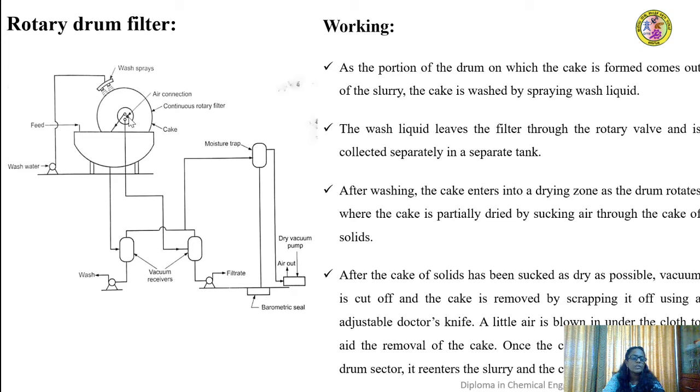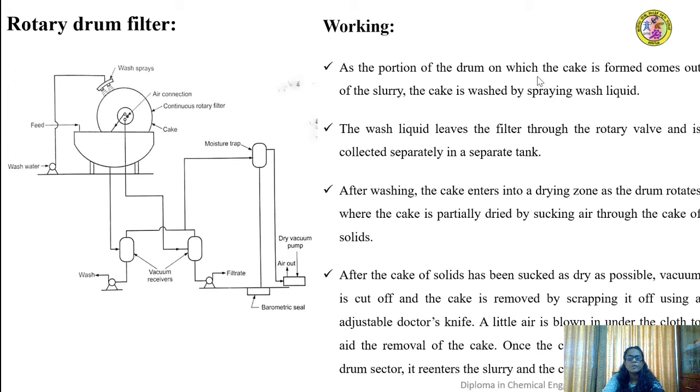Then a vacuum is applied through this specially designed valve called the rotary valve. There is a pipe connecting the compartment to the rotary valve, and through that pipe the filtrate will be sucked and taken to that valve, and from there it is taken out of the drum to this filtrate collecting tank.